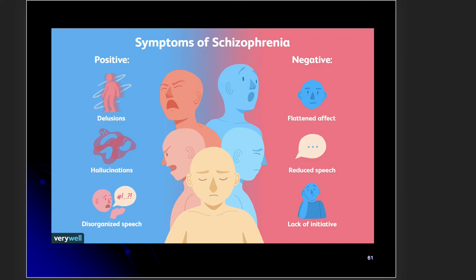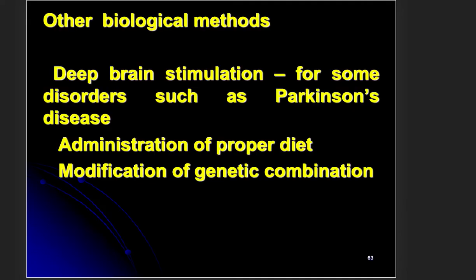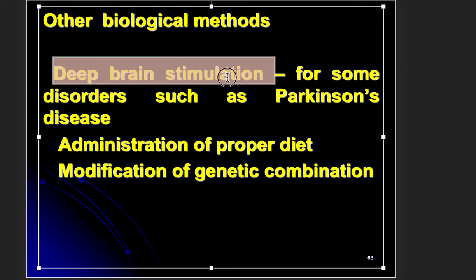In other biological methods, I have mentioned one is medication. Number 2 is brain surgery. Number 3 is other biological methods such as deep brain stimulation, especially for Parkinson's disease.